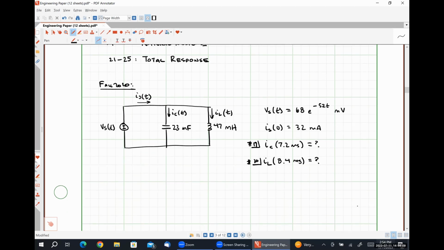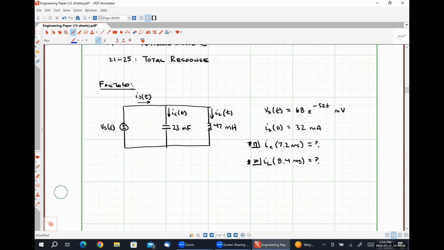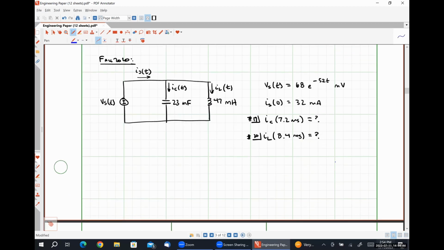Okay. So what's the relationship for if we want to determine capacitor current and we know capacitor voltage? So which relationship should I be using? That's one of the hard parts, knowing which relationship to use. So what I'm going to do here is write down all 4 relationships that I expect you to know for capacitors.